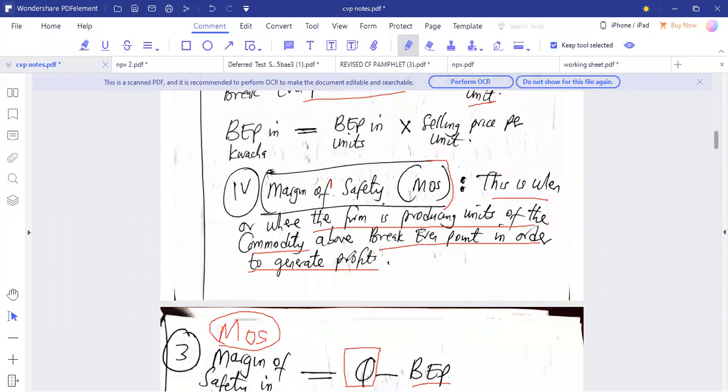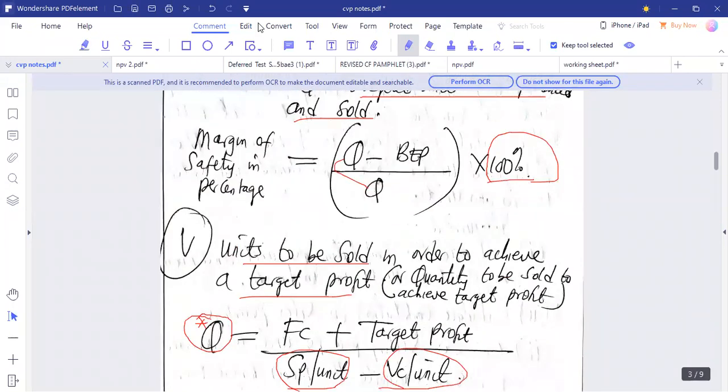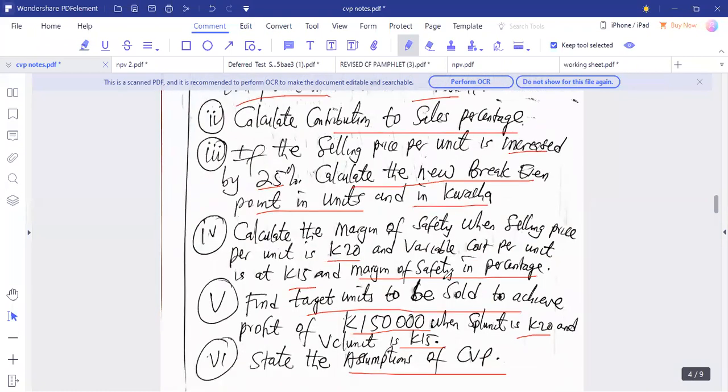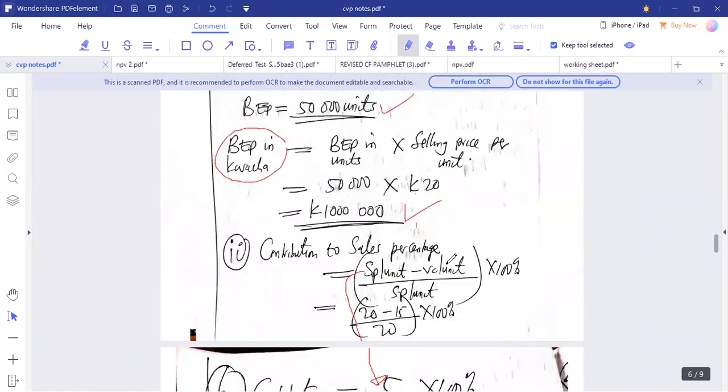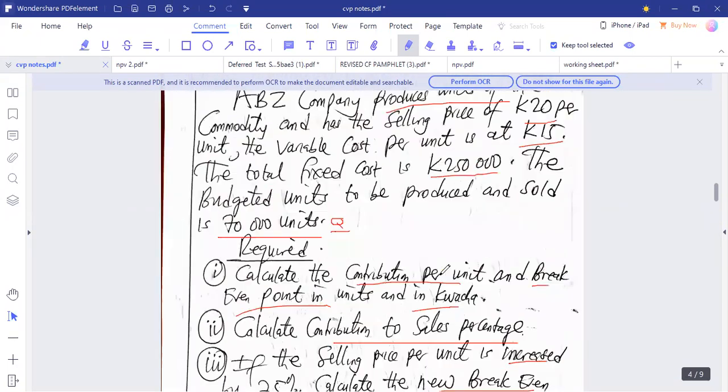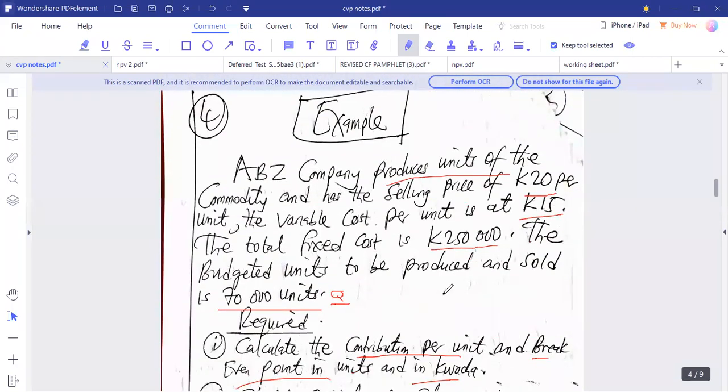All right, now getting down to margin of safety, when the selling price is 20 kwacha and the variable cost per unit is at 15 kwacha. We need to check one thing in this question: the budgeted units to be sold and produced.